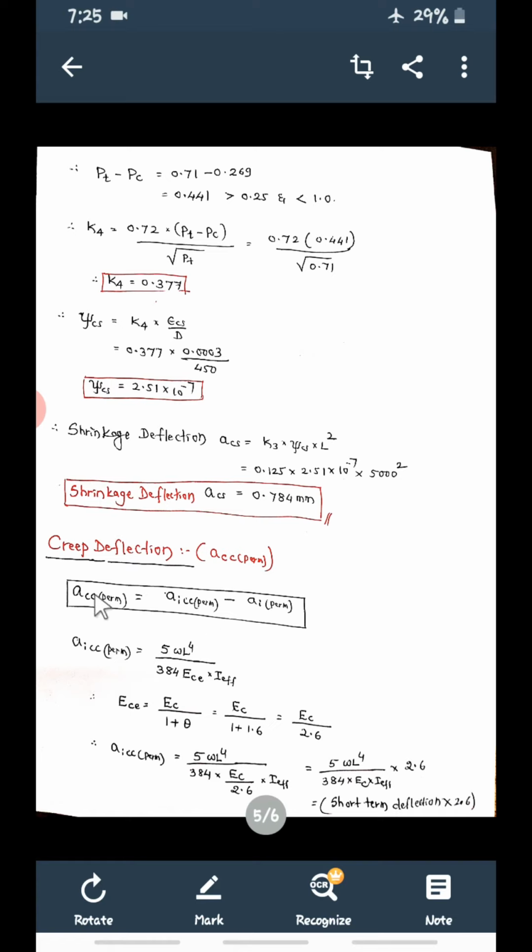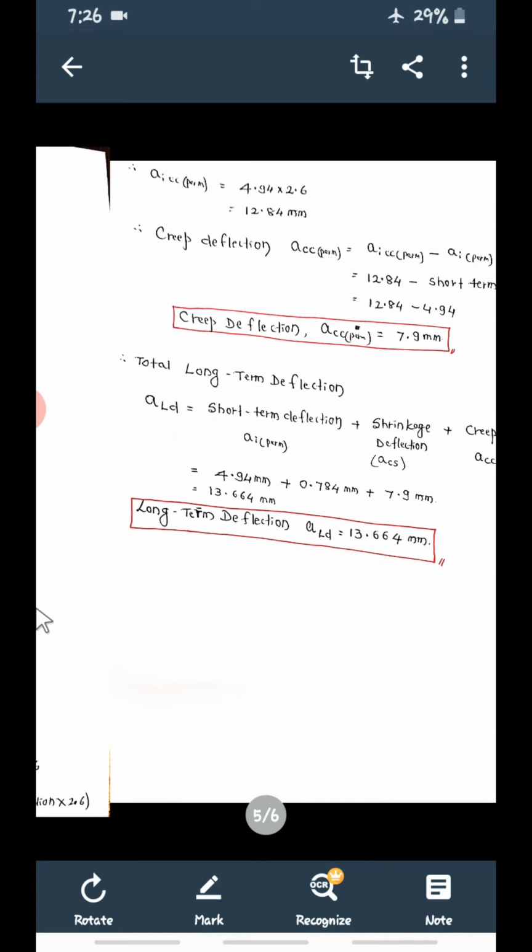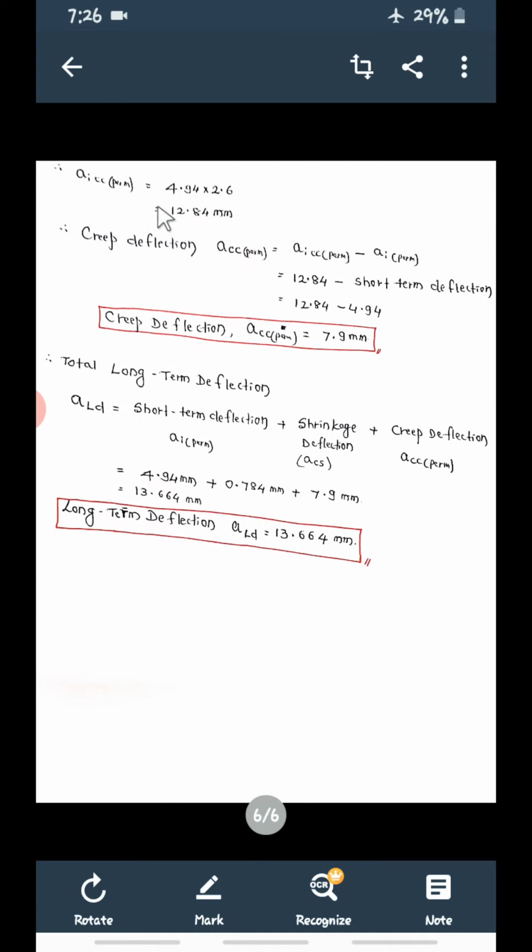So the creep deflection is equal to whatever value we calculate here, minus the short term deflection again. So Δcc permissible is 4.94, that is the short term deflection, into 2.6. Finally, creep deflection Δcc permanent is equal to this value minus the short term deflection.